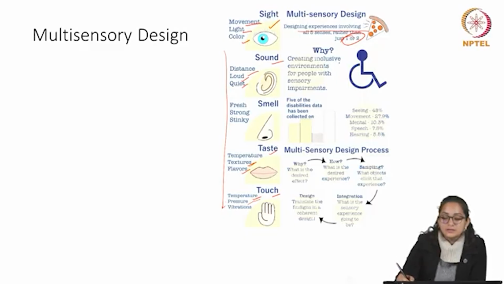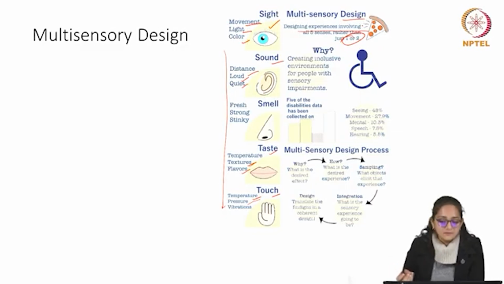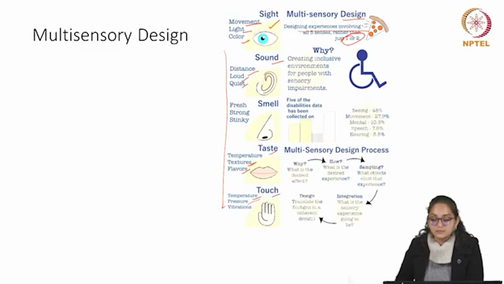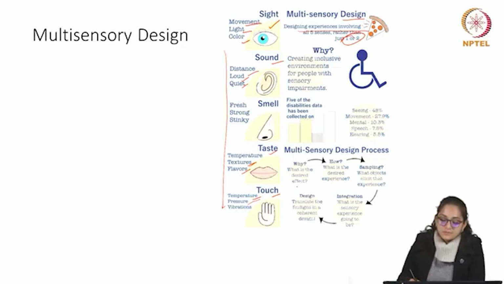So why we are using multisensory design, we're trying to create more inclusive environments for people with sensory impairments. And maybe we are asking some specific questions. So we can ask why, what is the desired effect, how, what is the desired experience, what objects elicit that experience.